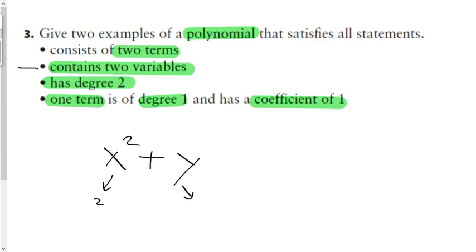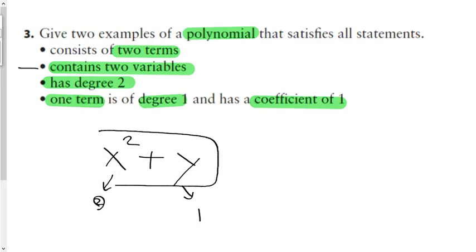This term has a degree of 1 because the degree of a term is determined by the exponents on the variables. The degree of the binomial is not determined by the sum of all of the terms' exponents. It is looking at both terms, which one has the highest degree, the first term. The entire binomial, therefore, has a degree not of 3, but of 2.